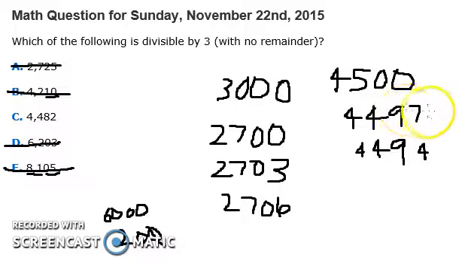If you recognize these numbers, they are 4,500 minus 3, minus 6, minus 9, minus 12, minus 15, minus 18. So this is 4,500 minus 18. So it is a multiple of 3. It is divisible by 3.